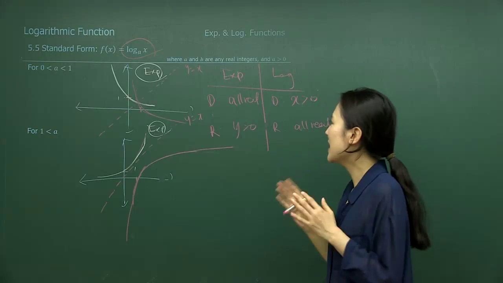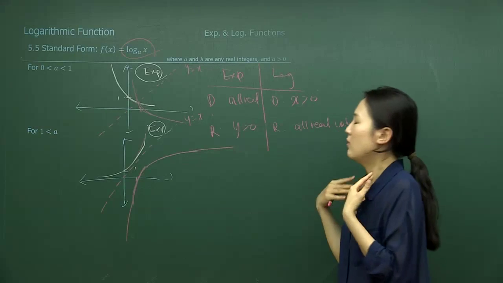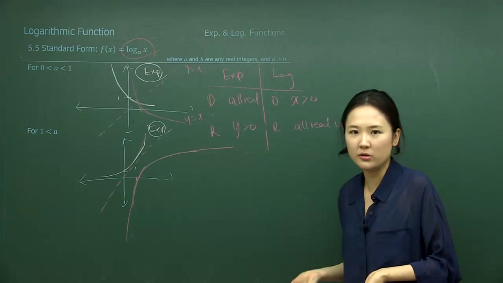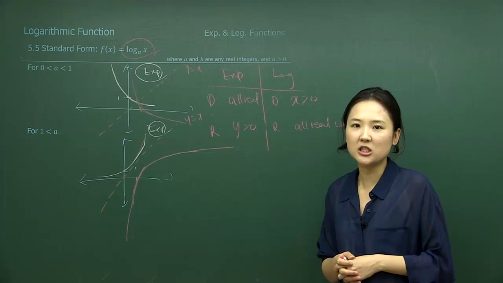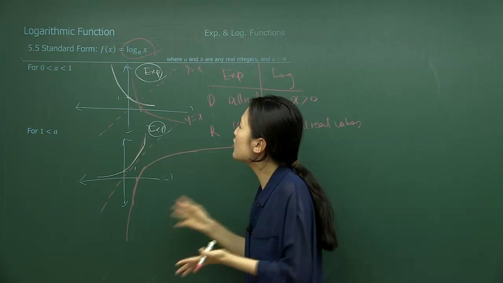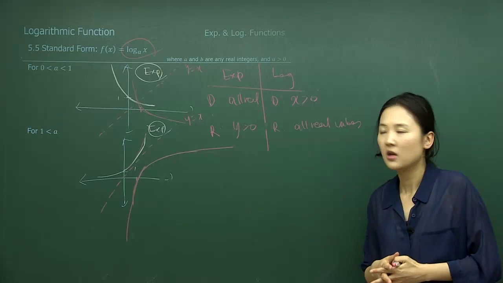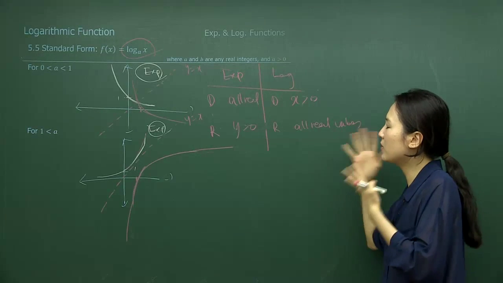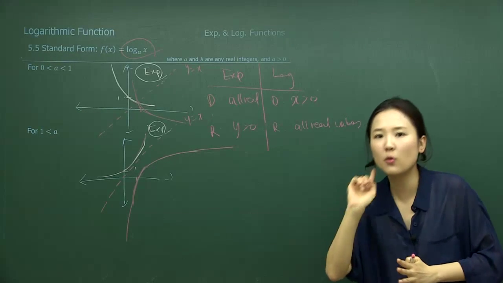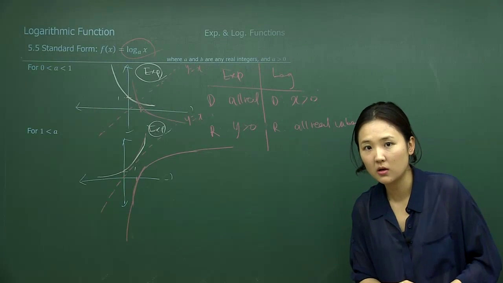So with transformations, basically when things are added, subtracted, multiplied, or divided to f of x, the domain and the range will change, of course. Just check your calculator for the changes, all right? And lastly, the thing that you must remember is the general domain and range. Always have this thought in your head that the domain for log has to be greater than 0.